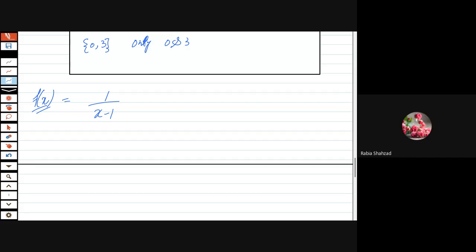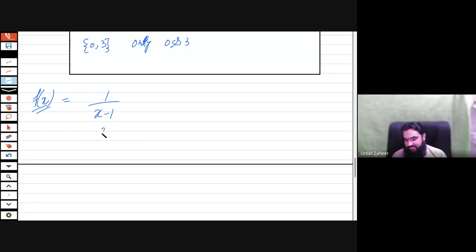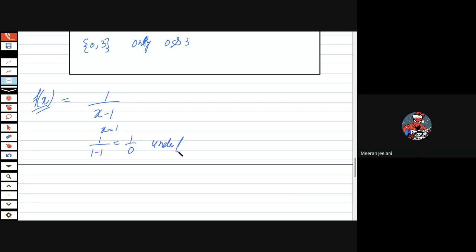So 1. Because if you substitute x is equal to 1, it will be 1 divided by 1 minus 1. You will get 1 divided by 0. That is undefined.